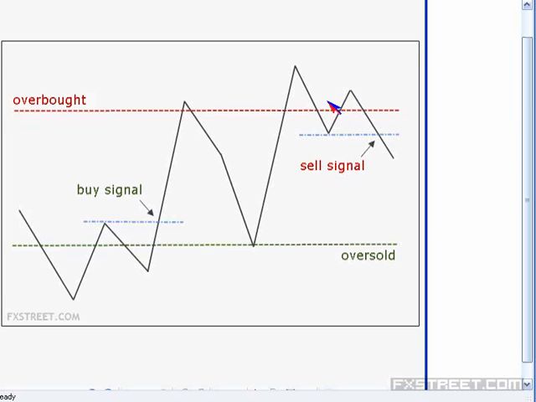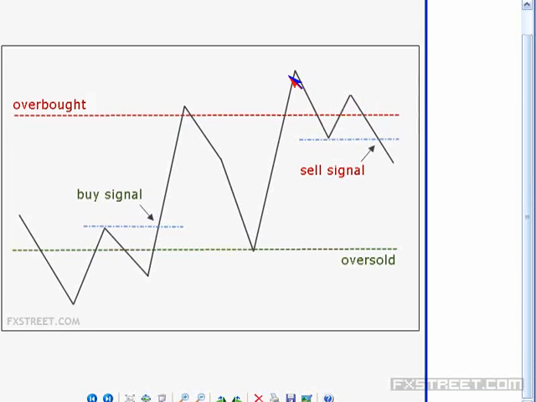Okay, you can have the same pattern printed in the price. Okay, a lower highs. The difference to the divergence is the fact that the swing failure has a signal attached to it, whereas the divergence is a first alarm, or that price may be turning around, but there is no signal.